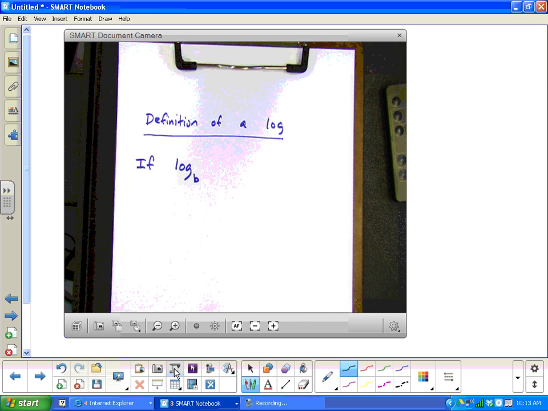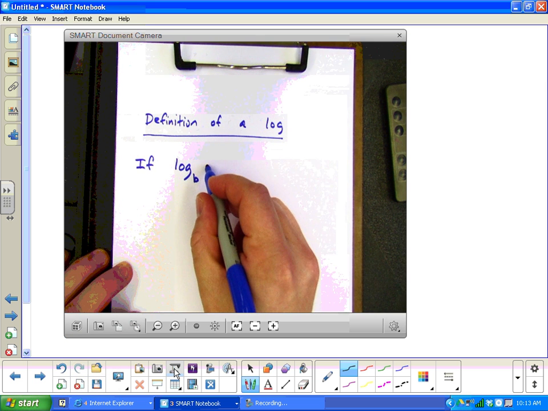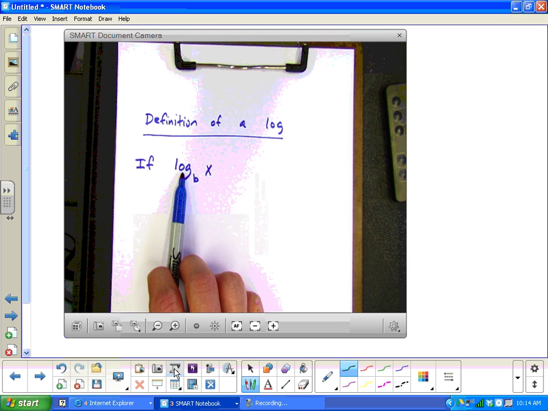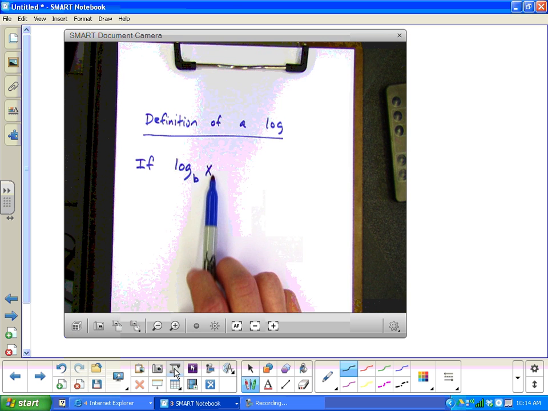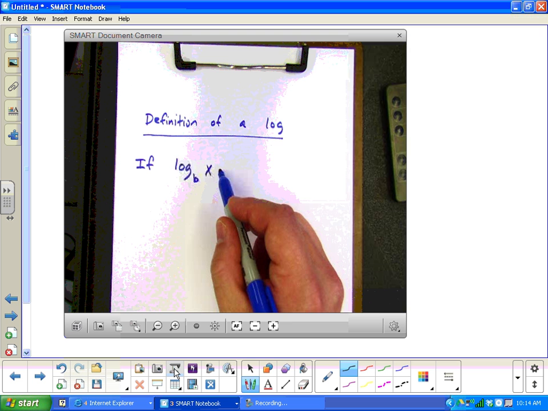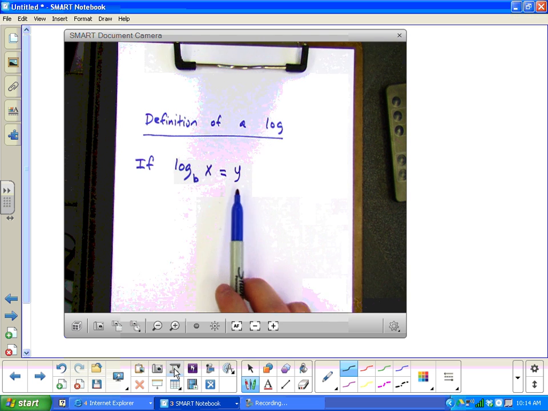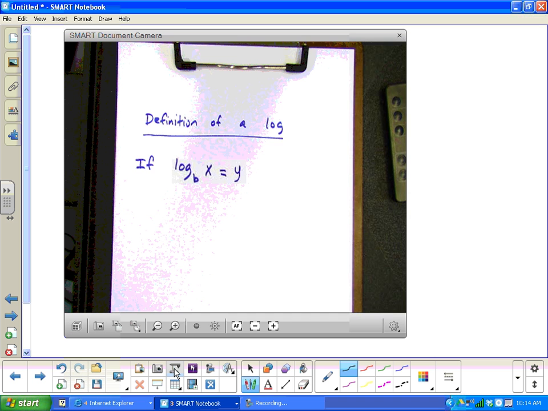Now, this value right here, x, and we can just put anything really right there. This is called the logarithm. X is called the log, even though this log stands for logarithm, the logarithm is the x value. Now, is equal to, we're just going to make a value up, y, and really y is an exponent. Even though it's not written like an exponent is, it represents an exponent.